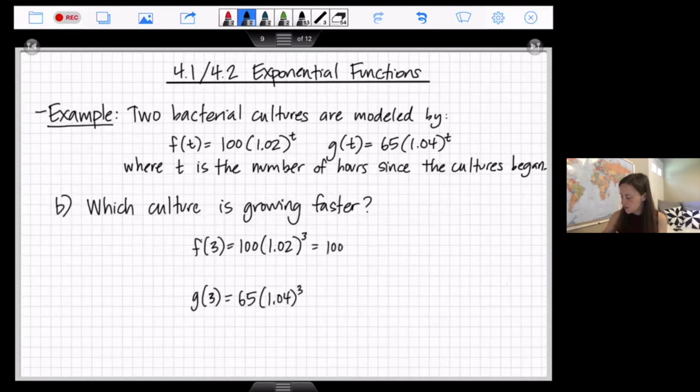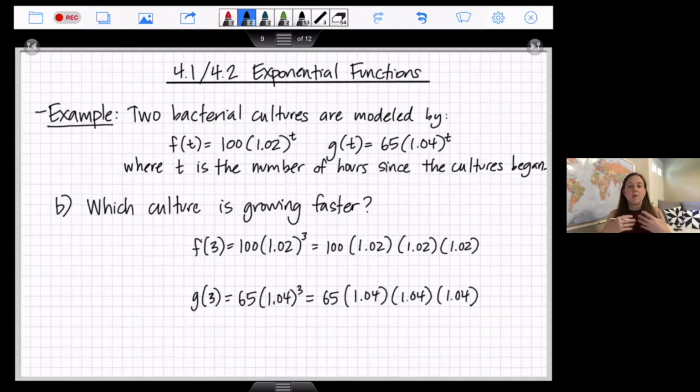That means 100 times 1.02 times 1.02 times 1.02. And same thing here, we start with 65 and then we have three 1.04s. So we've had 3 hours pass.